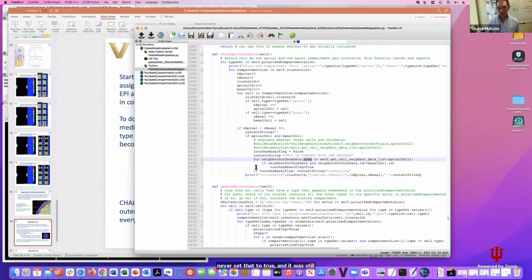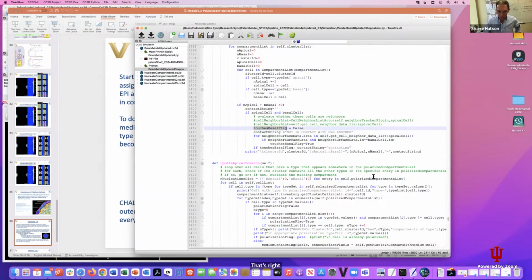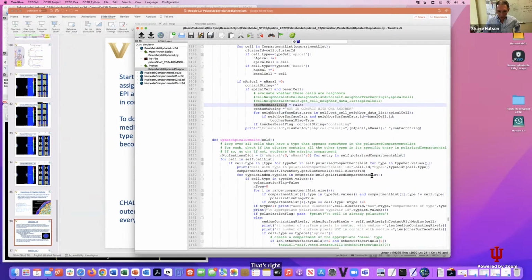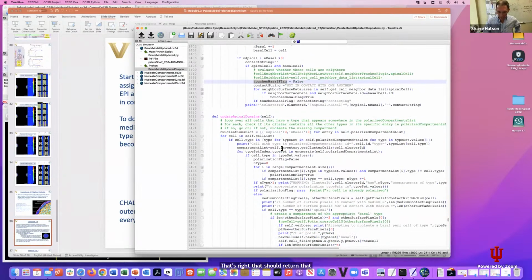And so we get down here at the end, and this flag we can use later on to answer different questions about it, right? And what it actually does is it gets returned here, right? What this check apical domains returns is the touch. Let's see, where's the touch? That's right. That should return that flag value. Let me see if.